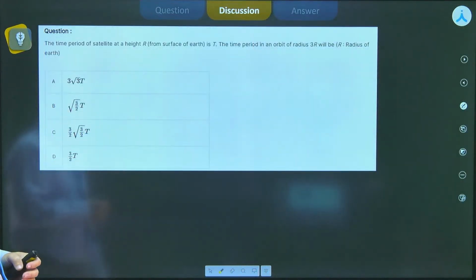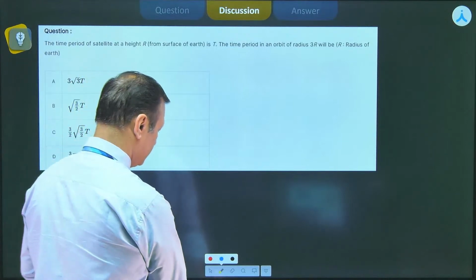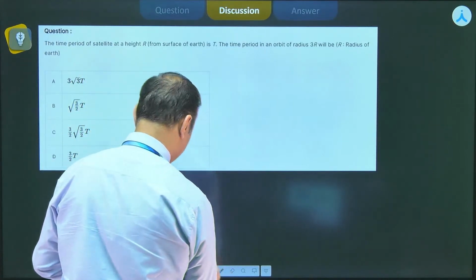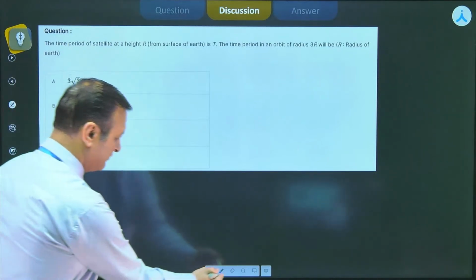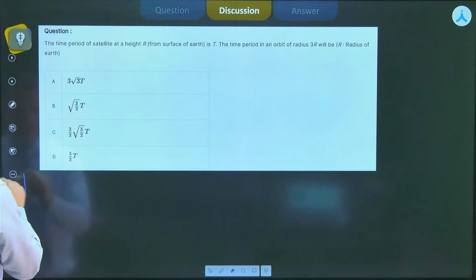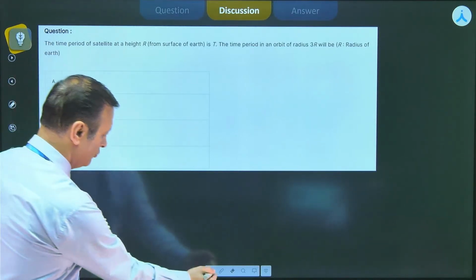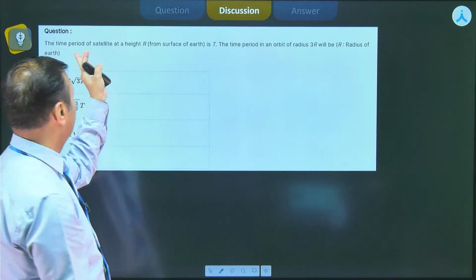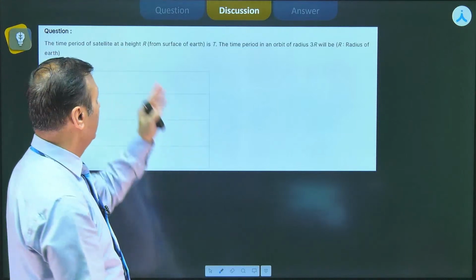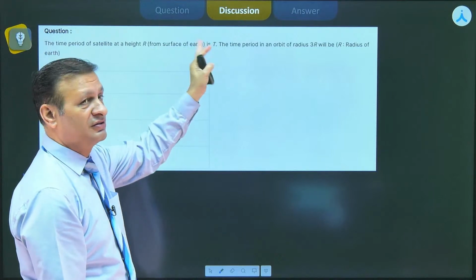Now let's move to the next question. Let me change the color of this. If I take blue, it's visible here also, that's fine. So this is the time period. Now the question is: the time period of a satellite at height r from the surface is t.